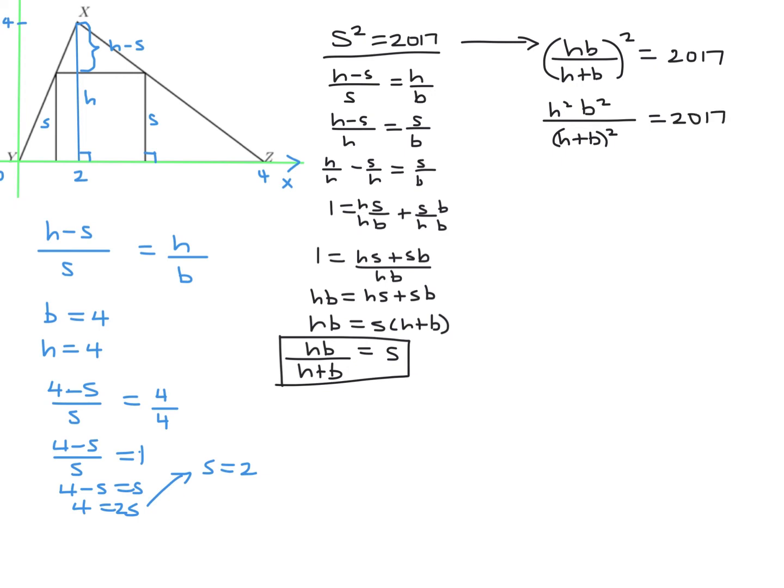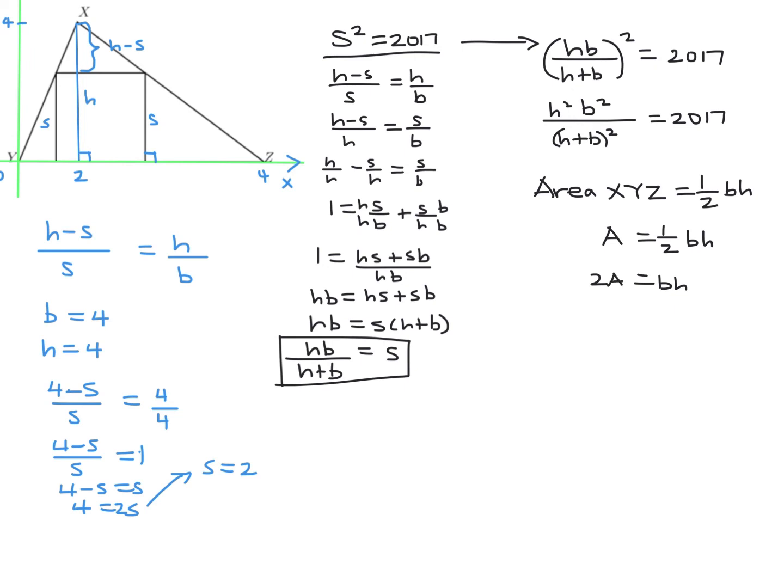Now the area of that triangle XYZ is 1/2 base times height. Now the base is b and the height I have called h. So if I just call the area A, that's A is equal to 1/2 base times height. Or you can write base times height is equal to 2A, whatever.